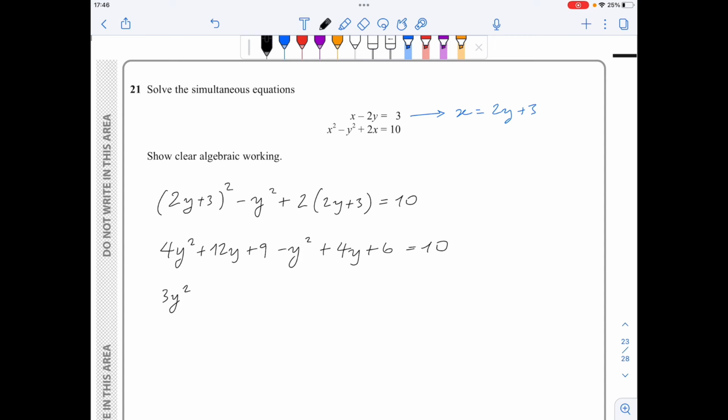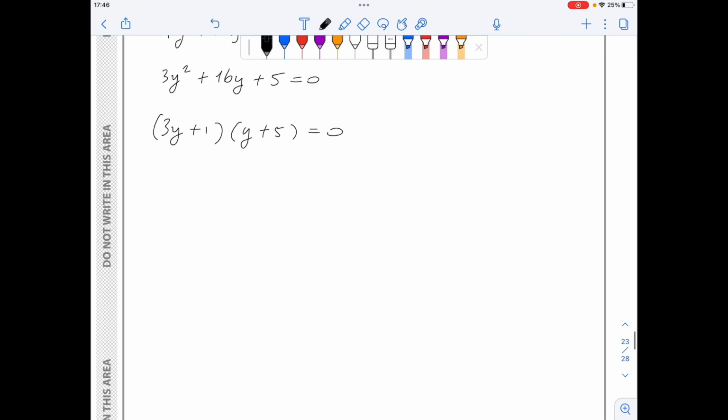3y squared plus 16y plus 5 is equal to 0. And now we'll factorize: 3y plus 1 times y plus 5 is equal to 0. Hence, y is equal to minus 1 over 3, or y is equal to minus 5.